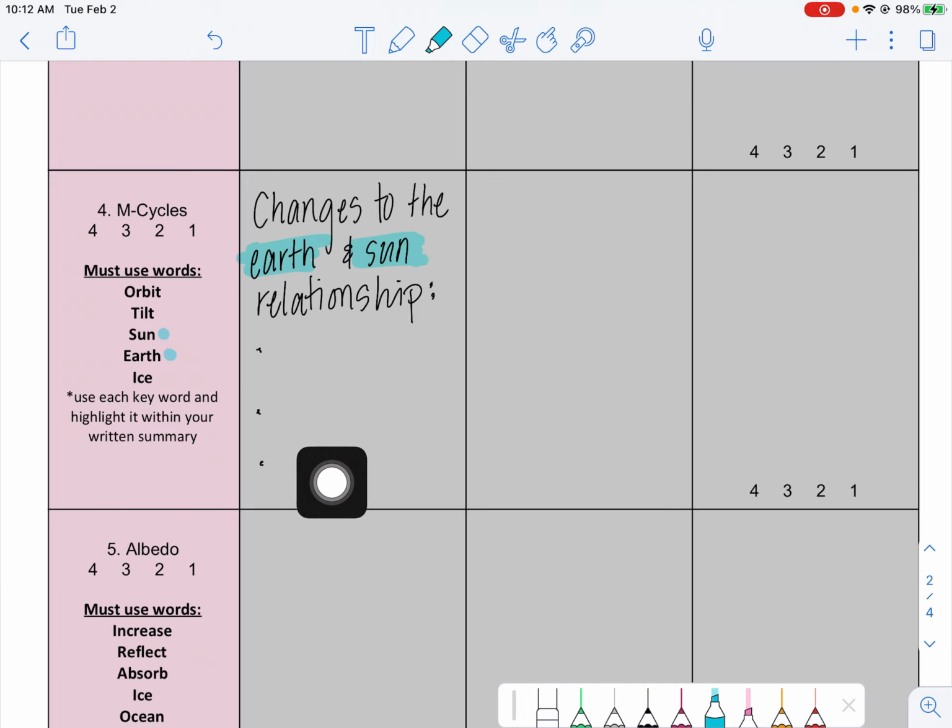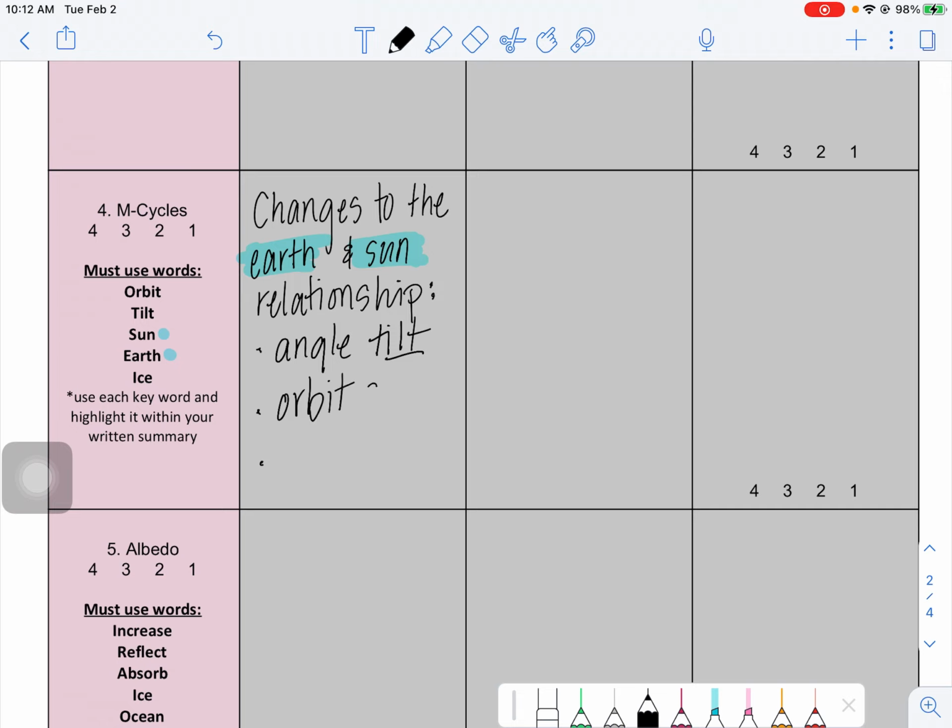There are 3 different changes that we looked at. One was the angle of the Earth's tilt, so that was our big one. We also looked at the orbit shape, and finally we called it the wobble of Earth, which is essentially looking at the tilt direction.